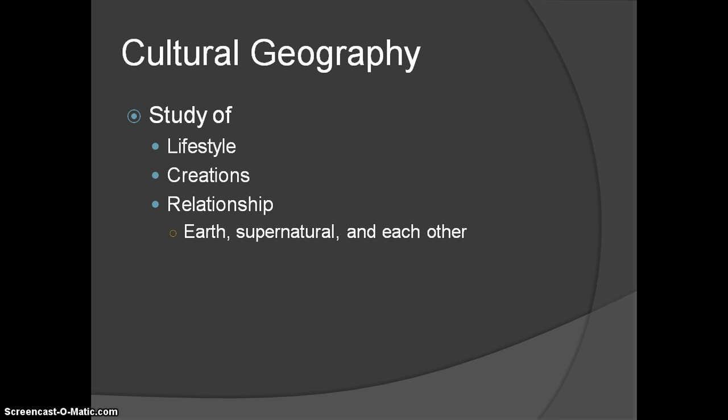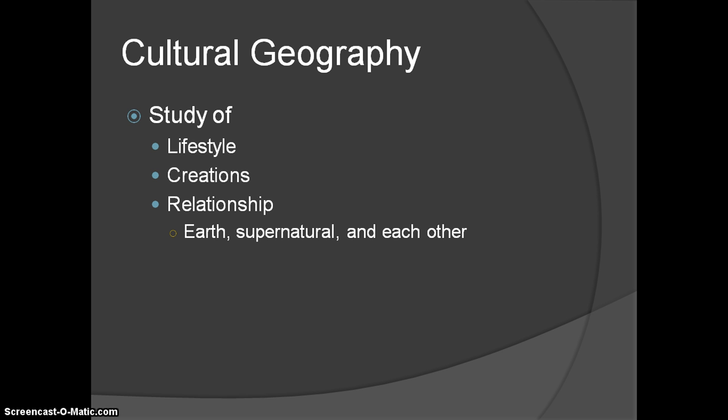And then the last part, relationships. The earth, meaning the natural environment, the way that they interact with the earth. We talked about cultural ecology earlier in the year. The supernatural, talking about religion, and then also one another.